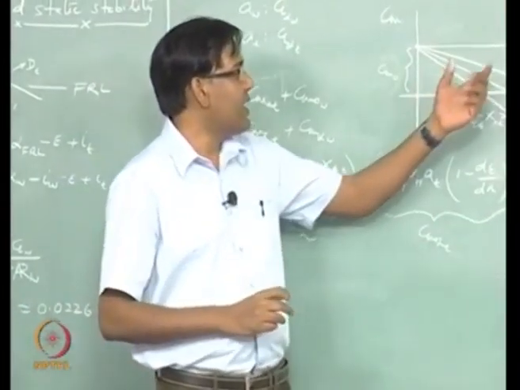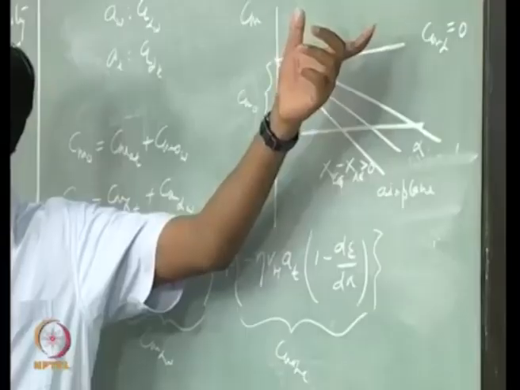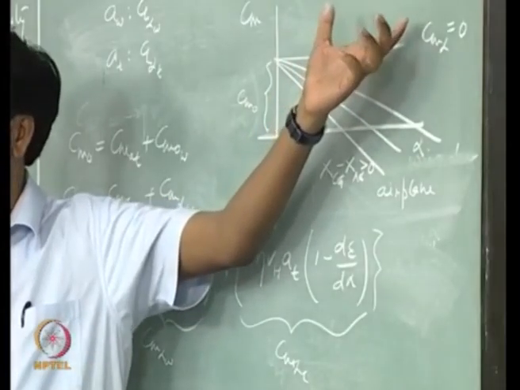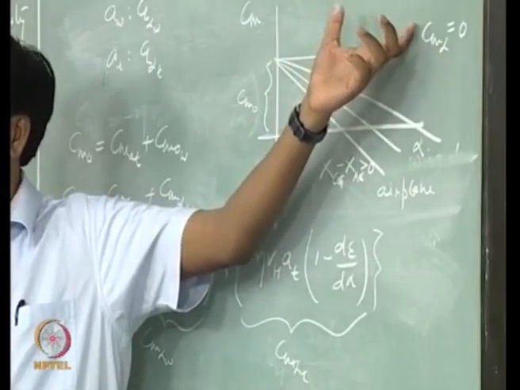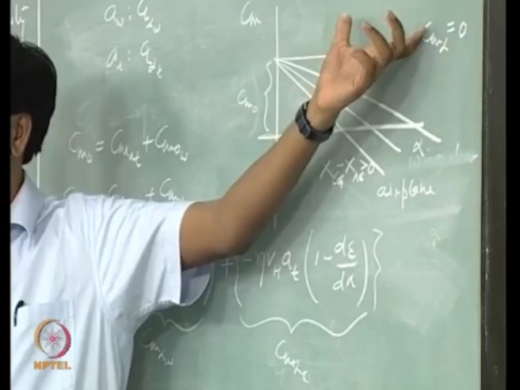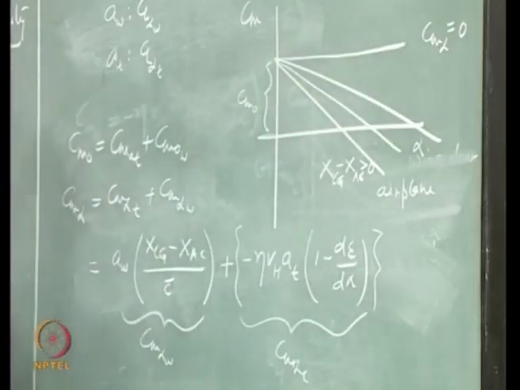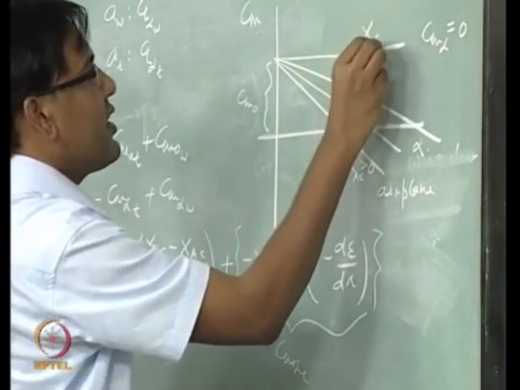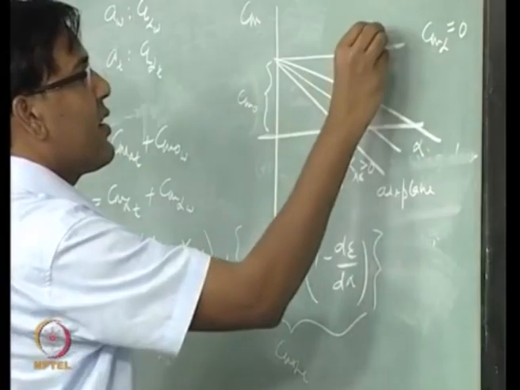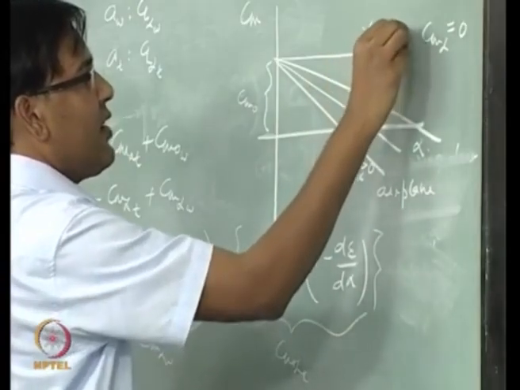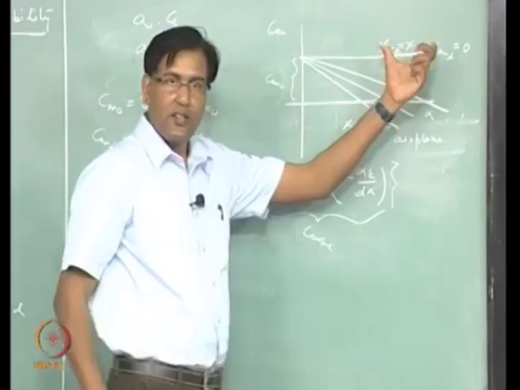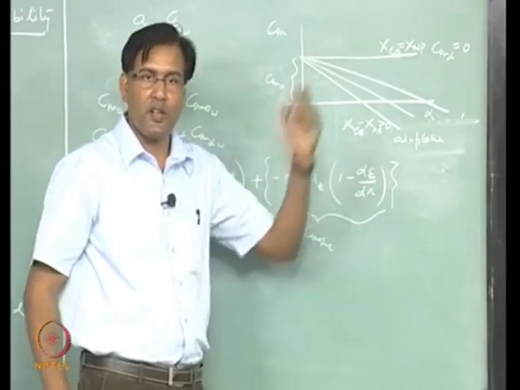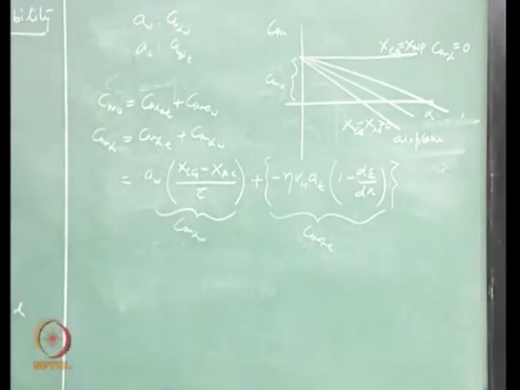So, there is clearly one point, right, and that is the location of the CG at which the CM alpha becomes 0. You know what that point is called? Neutral point of the aircraft. So, the CG location where CM alpha becomes 0 is called the neutral point of the aircraft.